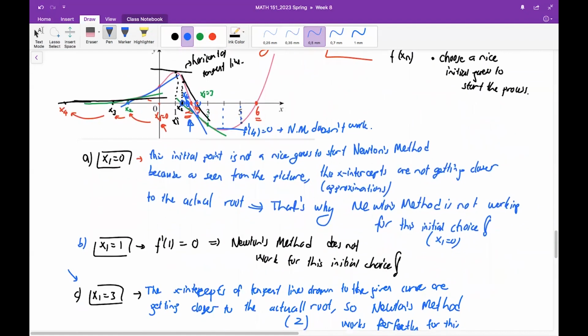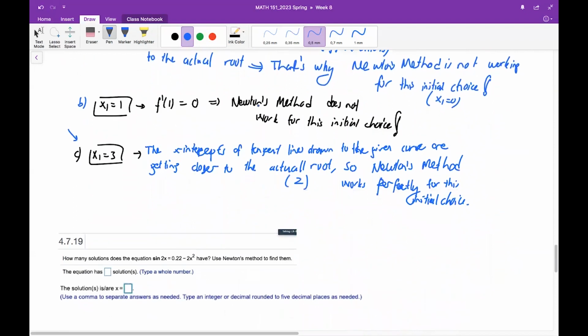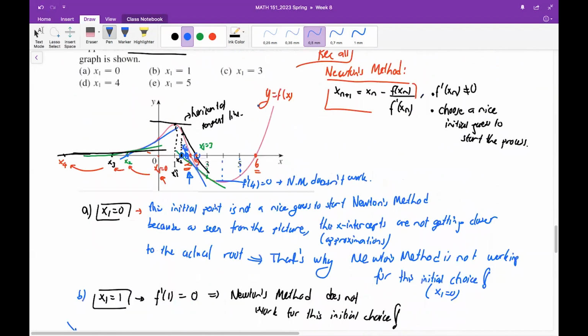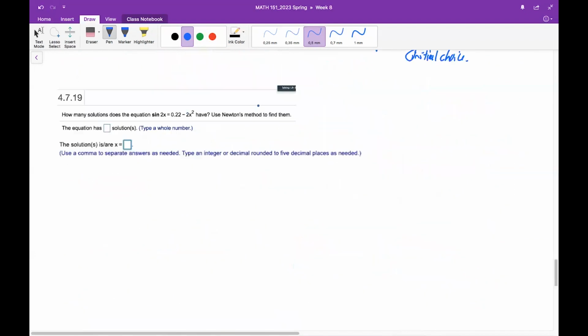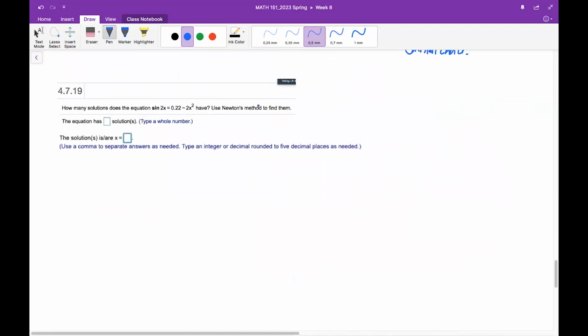You can understand it will be working when you draw tangent lines after one another. And you observe that the x-intercepts of those tangent lines are getting closer to the actual root, which is 6 in this case. Okay, that's how you work Newton's method geometrically. Let's move on to the next example.